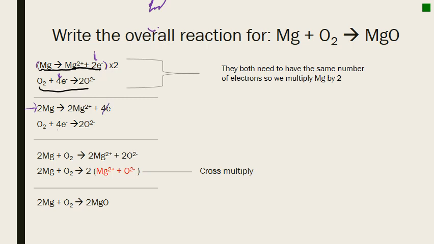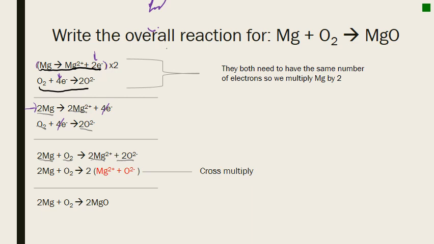So we'll just take them off, and then we write everything that's on the left side of the arrow, and then everything on the right side of the arrow. So look, you can see here you've got 2Mg, plus O2. So that's all on the left side of the equation, and then everything on the right, 2Mg2 plus and 2O2 minus.